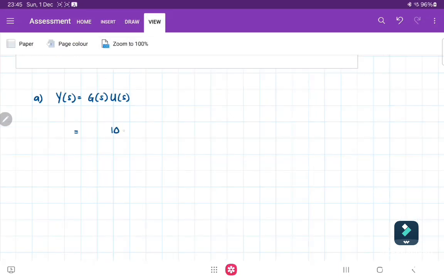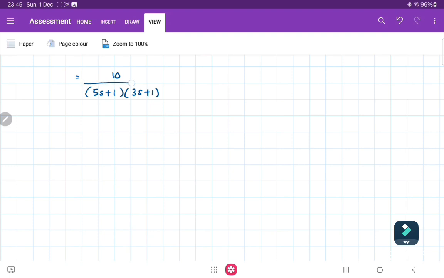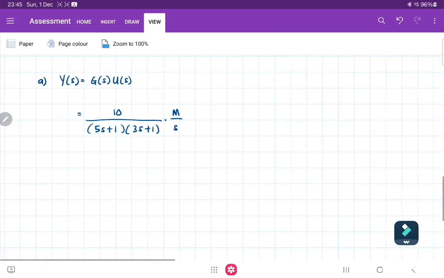We have 10 over (5s plus 1)(3s plus 1), and we multiply with m over s. Okay, so we have y of s. Now we need to find the y of t based on this equation.